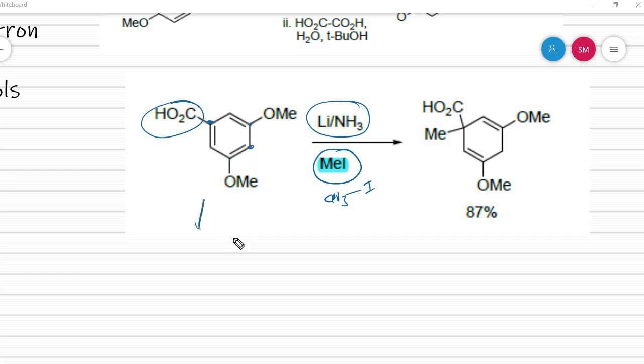So I need to break here and here. So 1, 2, 3, 4, and these two get bonded, and these two will be radicals.